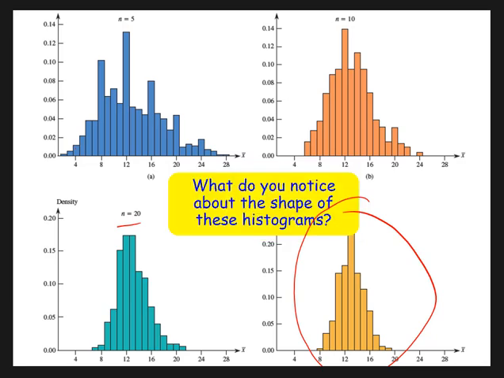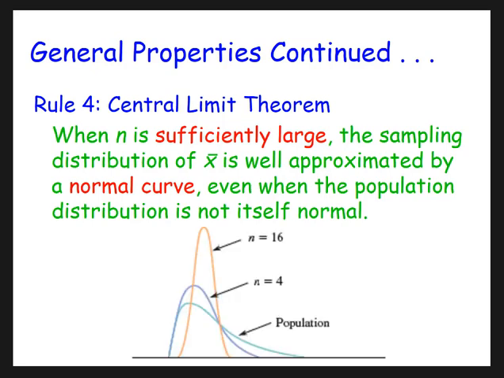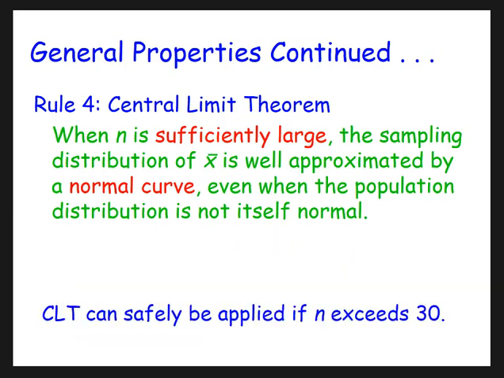And again, the larger the sample gets, the closer we are to a normal distribution. When n is sufficiently large, the sampling distribution of X bar will be approximately normal, no matter whether the population is normal or not. Generally, we're looking at a sample size of 30 or more. So what is sufficiently large? Well, like we said, sample size has to be at least 30.